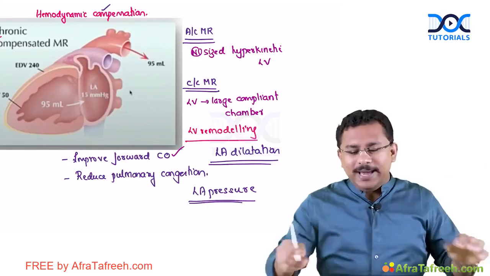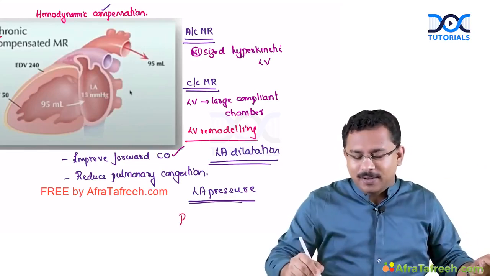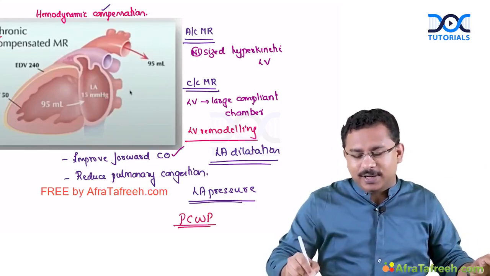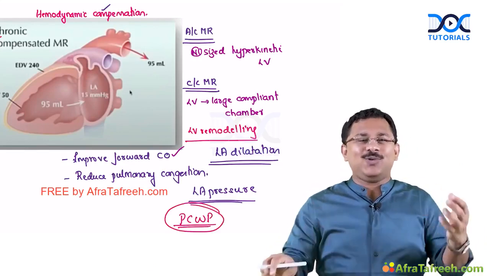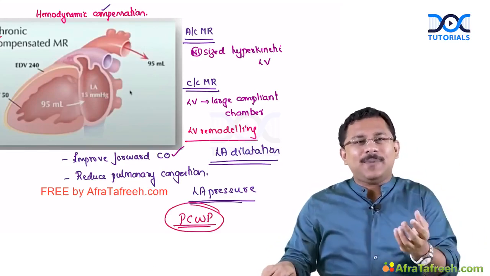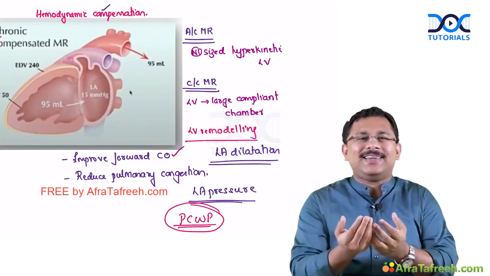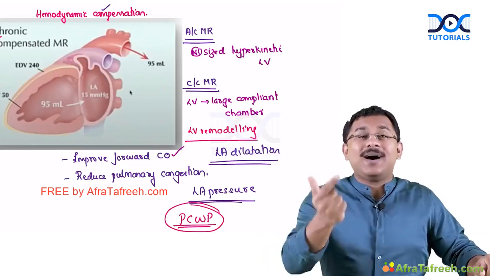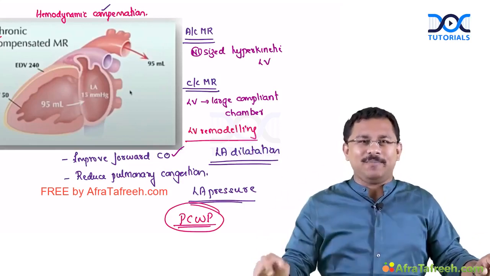So if you compare the pulmonary capillary wedge pressure in chronic MR and acute MR, the pulmonary capillary wedge pressure will be less in chronic MR in comparison to acute MR.